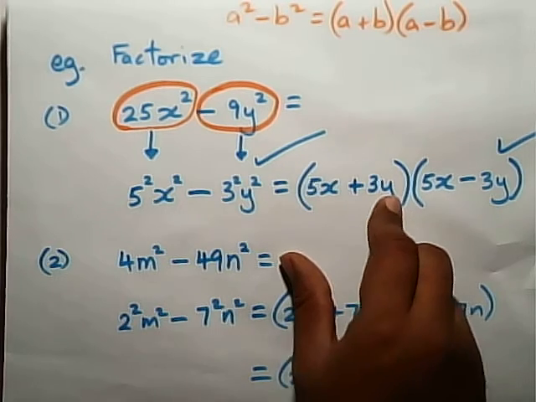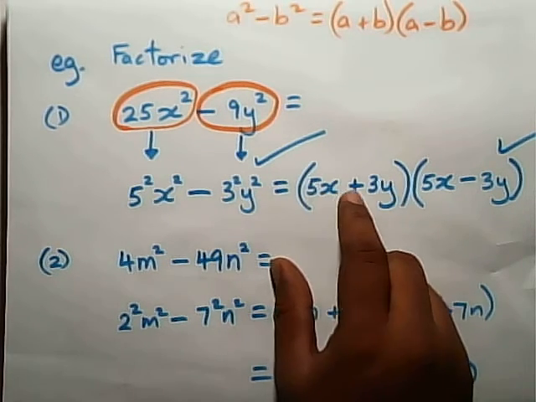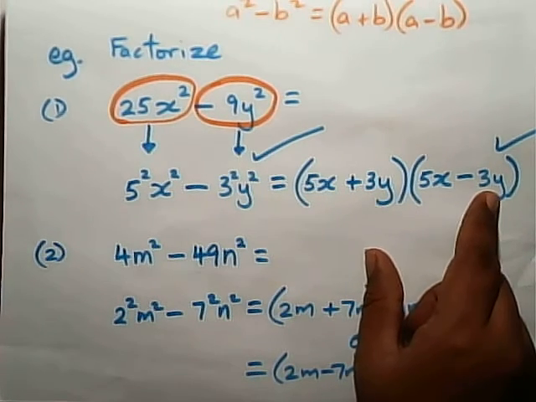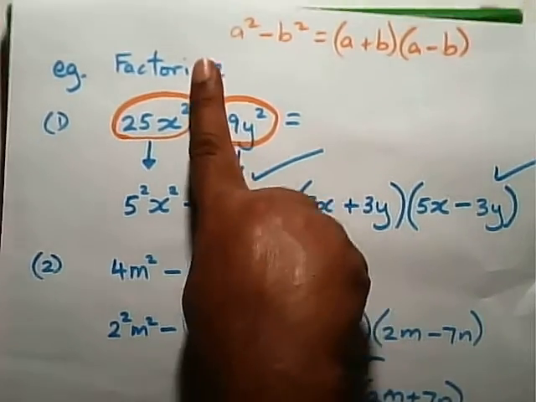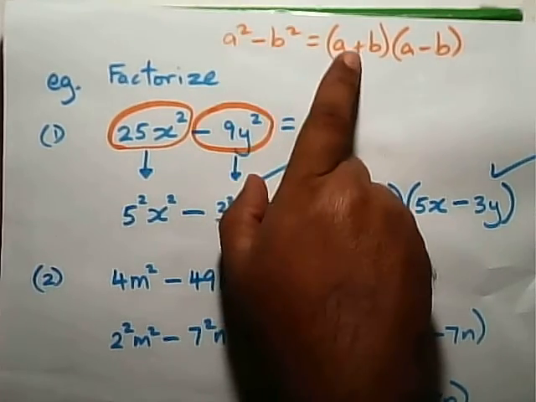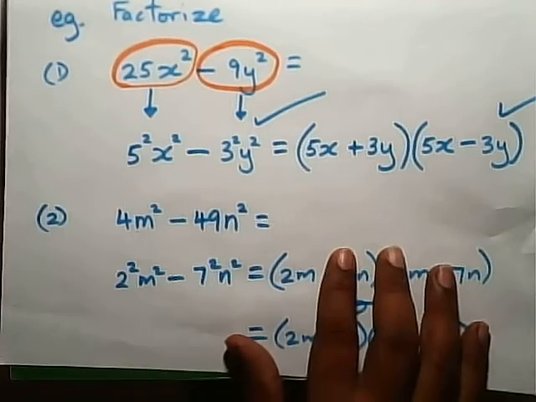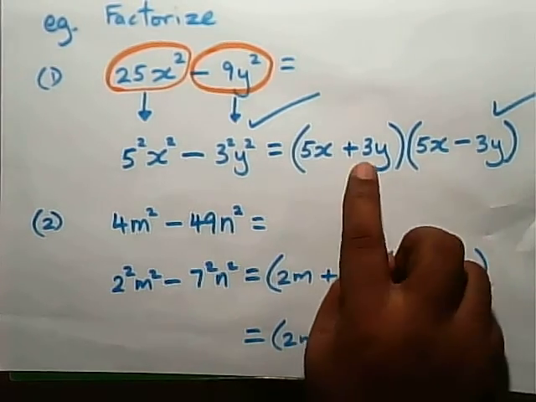Put that in brackets and then go again and write the 5x, but now put a minus sign. 5x minus 3y in brackets. That's what the formula says to do. You remove the squared symbols across here and you just add them and you take away. So here we go. That's the answer right there. You're done the sum.